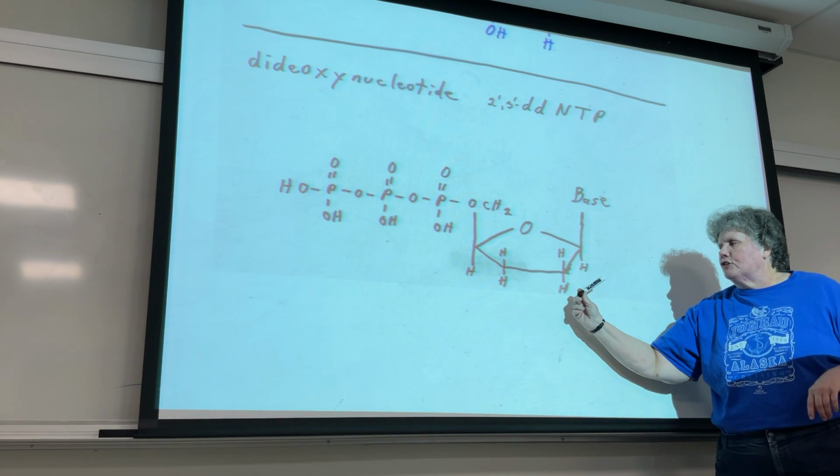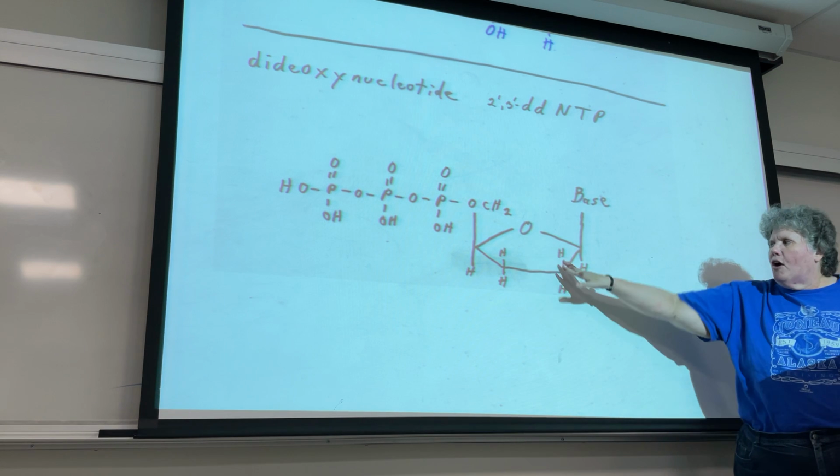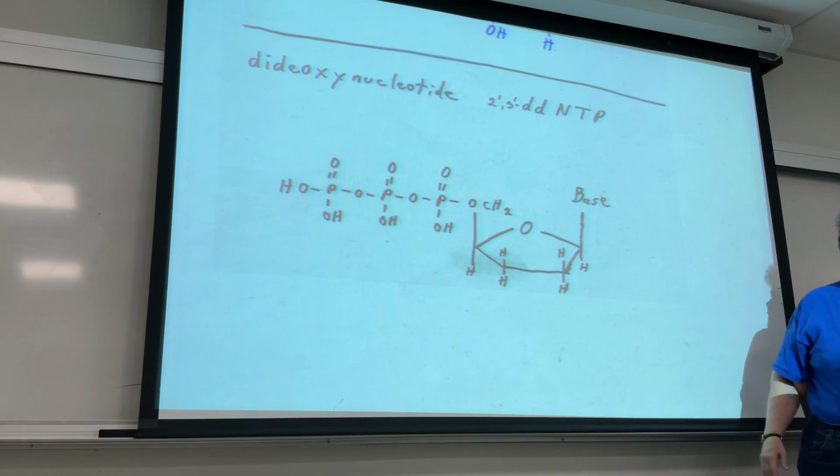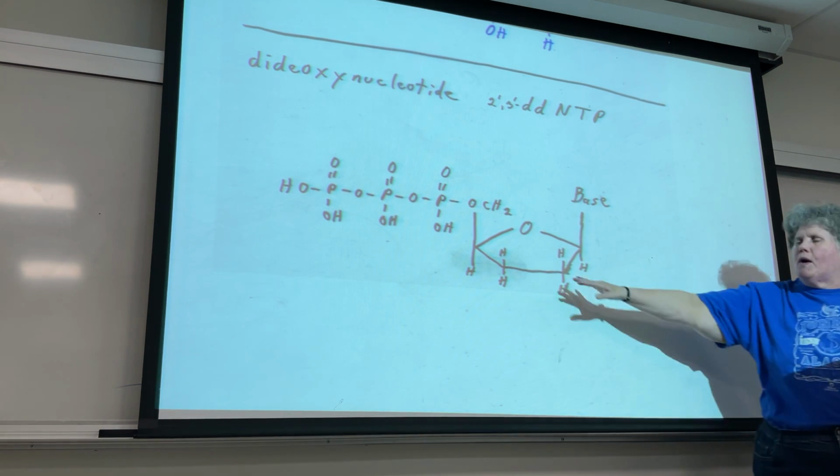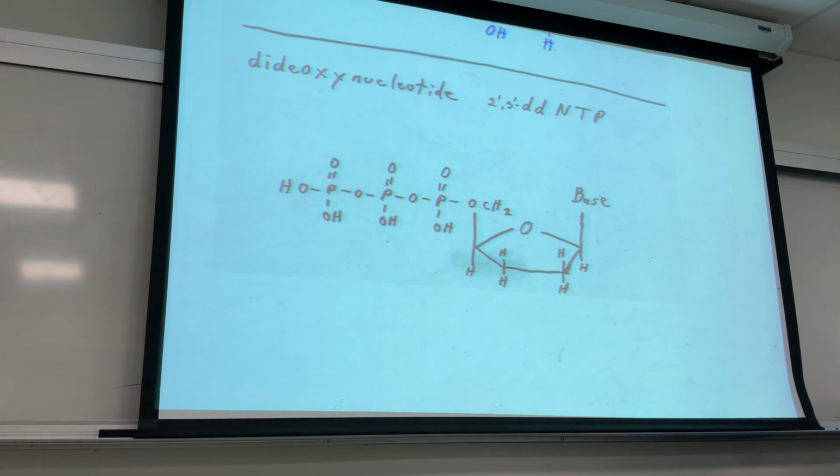There's no hydroxyl here, no hydroxyl here. Remember, RNA will have both, DNA will have one. There will be no hydroxyl group on either one. With no hydroxyl group, the polymerase has no place to add that incoming phosphate for the backbone of the DNA.